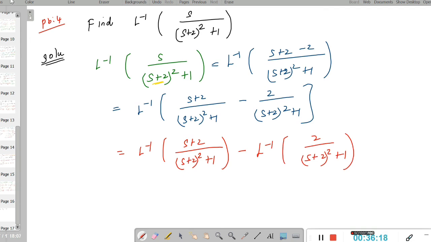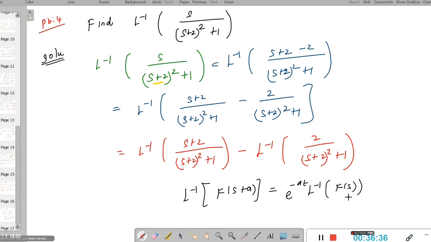Now I am going to apply this formula. L inverse of f of s plus a equal to e power minus at L inverse of f of s. This is the formula I am going to apply in the above step.